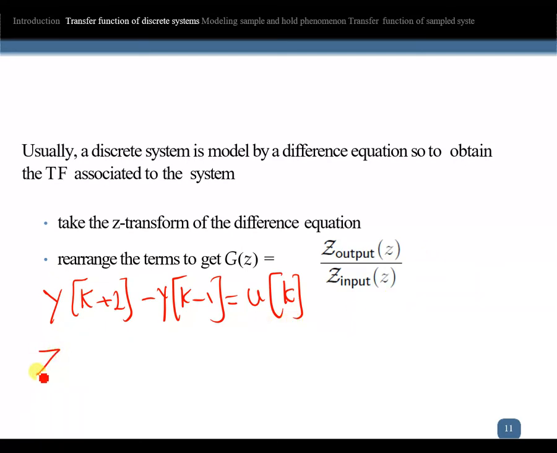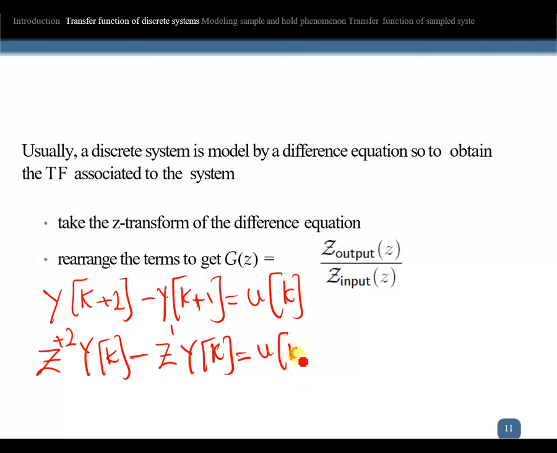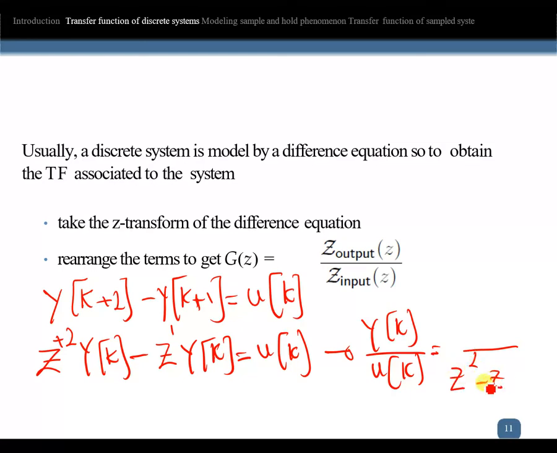We take the Z transform: z squared Y minus zY plus Y equal to U. Output divided by the input is equal to 1 over z squared minus z plus 1, or I can write Y(z) over U(z).